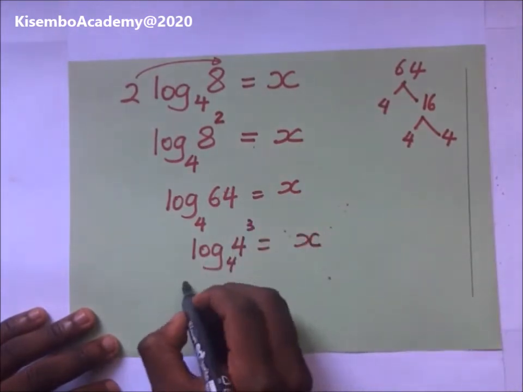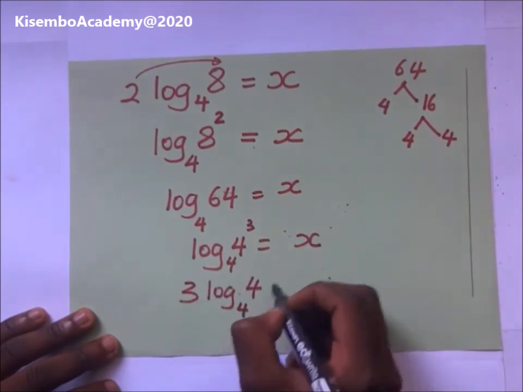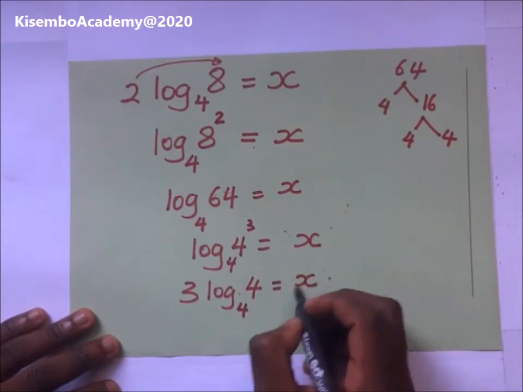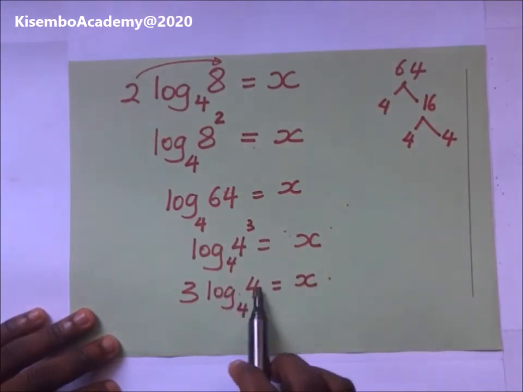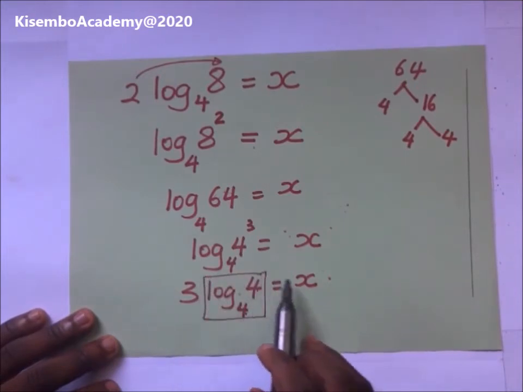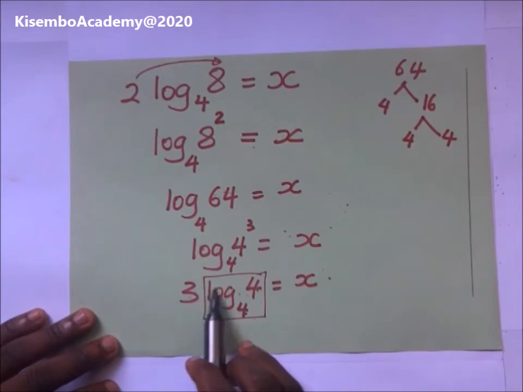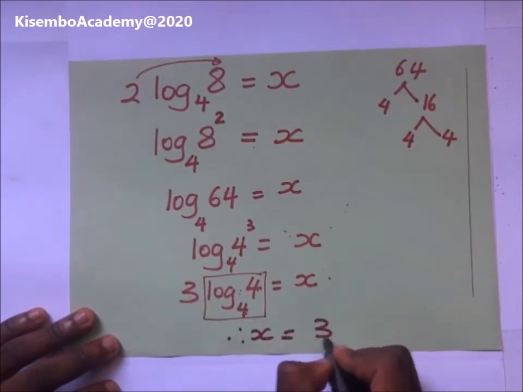So this is the same as 3 log of 4 base 4 is equal to x. And of course, when you have log of 4 and its base is the same, this is equal to 1. So x is going to be equal to 3 times 1, which is 3. So therefore our value of x is 3.